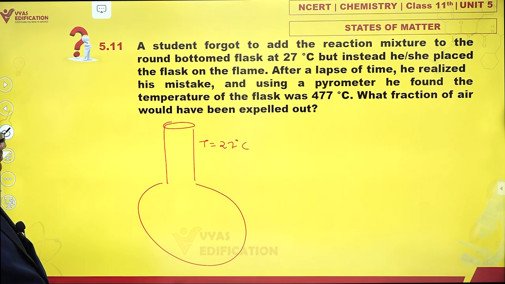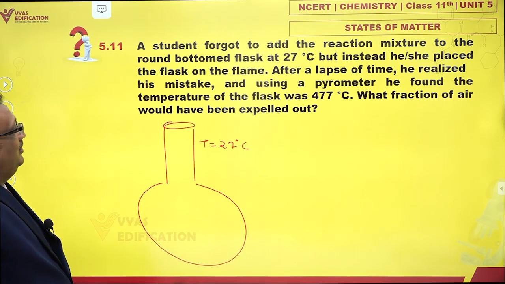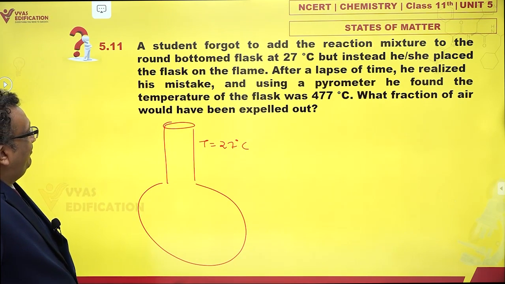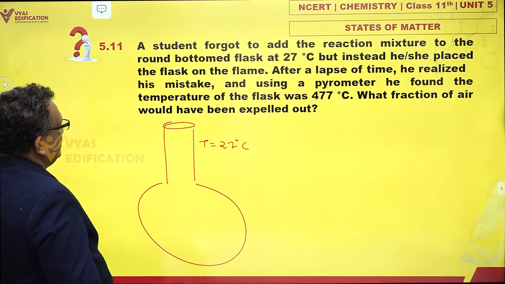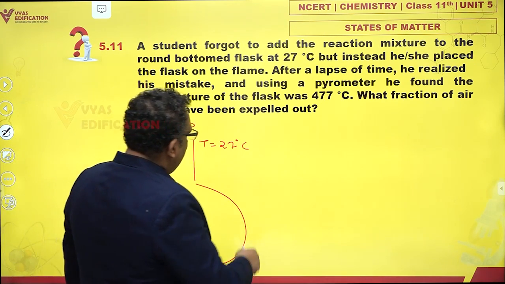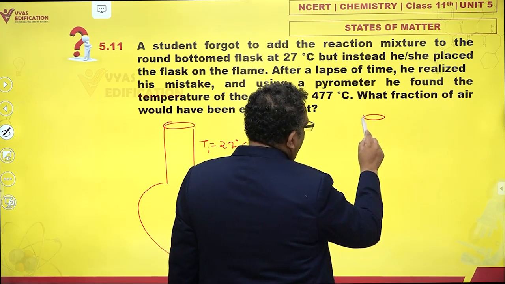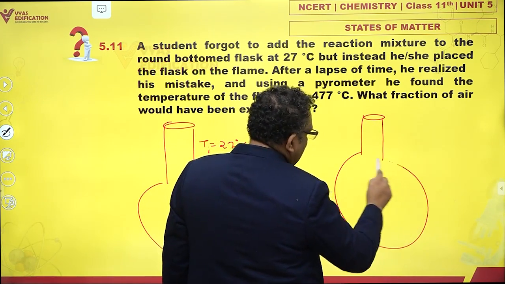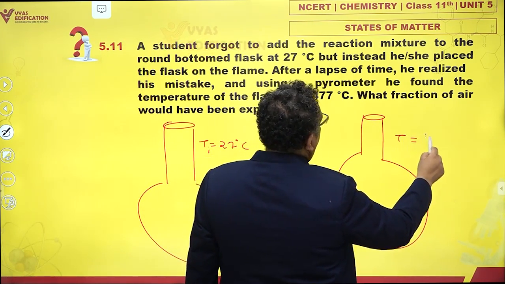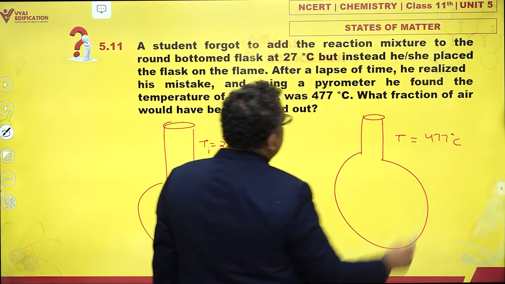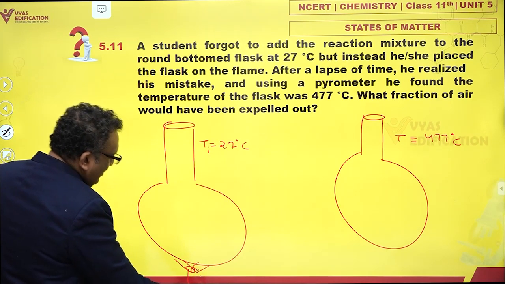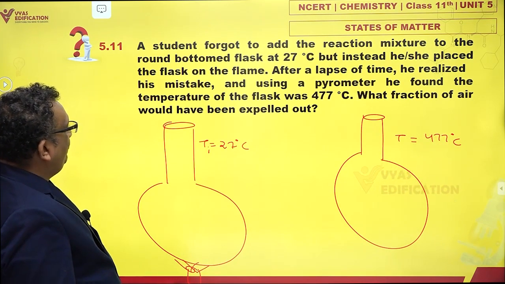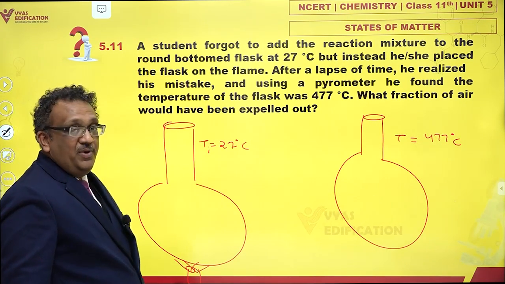After a lapse of time, he realized his mistake, and using a pyrometer, he found the temperature was so much. Initially, it was this much, and finally, the flask has been heated to 477 degrees Celsius. There is some flame here, etc. What fraction of air would have been expelled out?